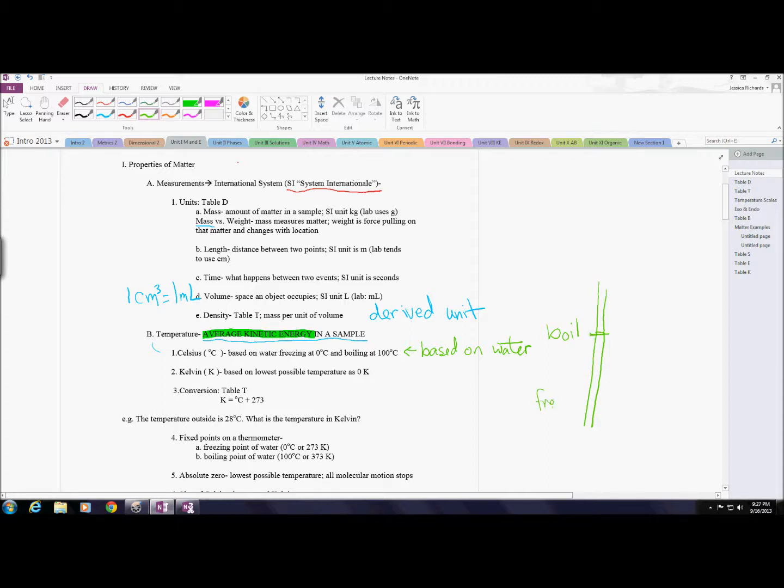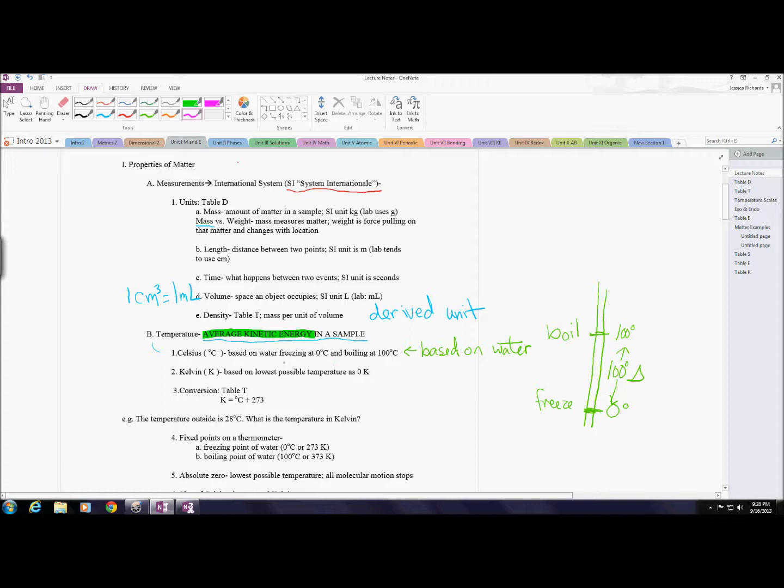They waited and put the thermometer into their water sample. When it froze, they marked that. And then they divided this up into 100 equal degrees. So our freezing point for water in degrees Celsius is 0, and the boiling point is 100. Okay, so there's a change from that point to that point of 100 degrees.